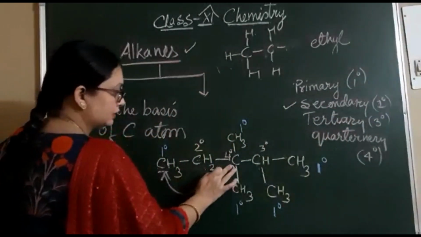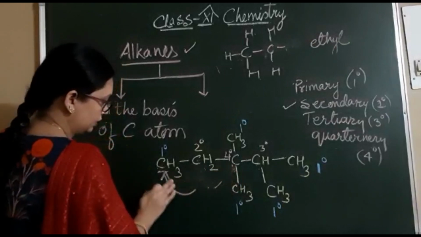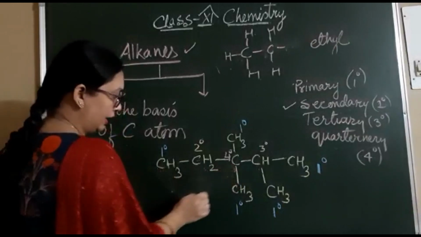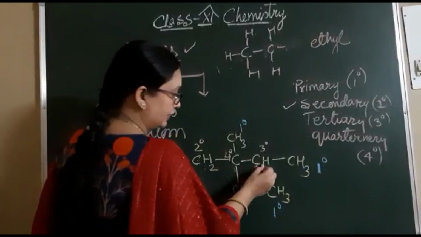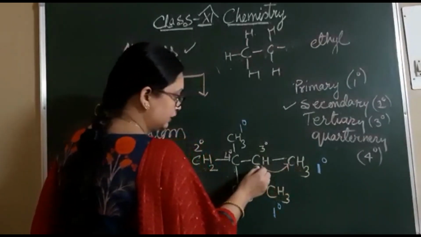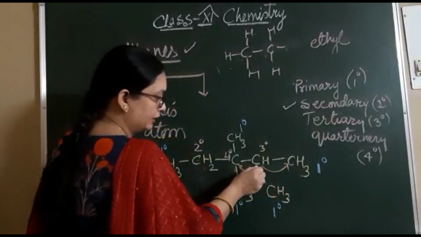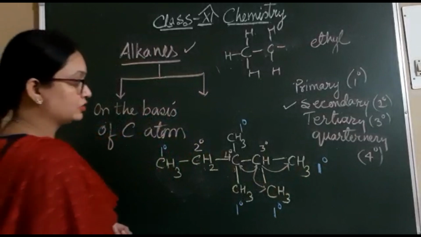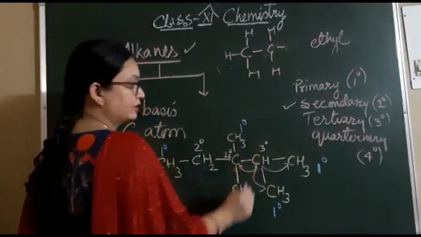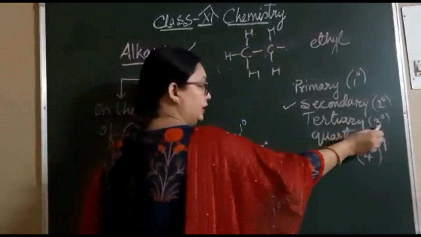Now let us see the meaning of tertiary carbon atom. Observe this carbon atom. This carbon is connected with one carbon here, a second carbon here, and a third carbon here. So this carbon atom is considered a tertiary carbon atom, and it is represented by 3 degree.